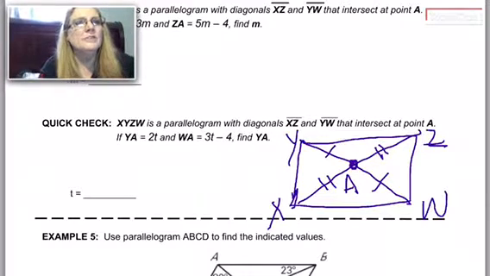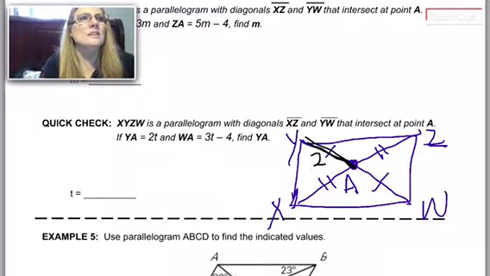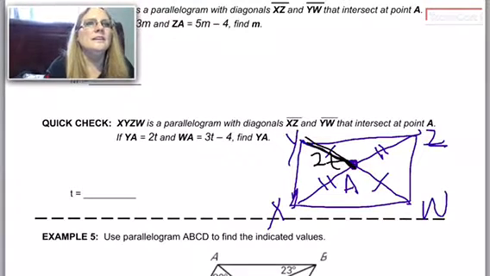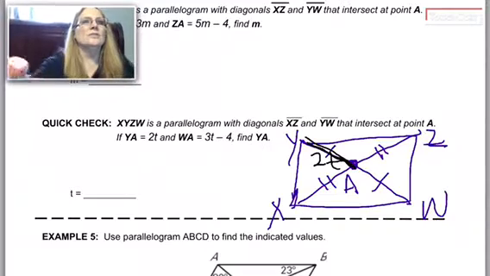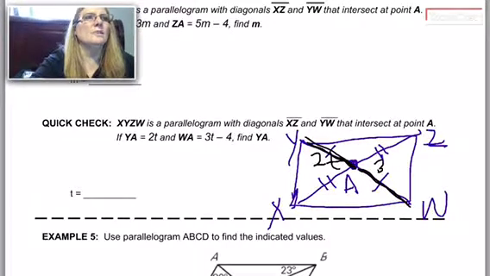So what information do they give us? They tell us that YA, so from here to here, is 2t. Then they give us WA. So YA and WA, okay? WA is 3t minus 4.